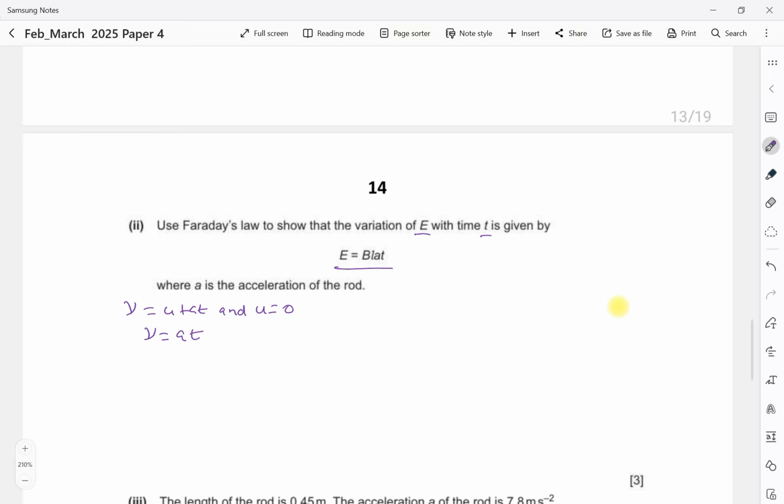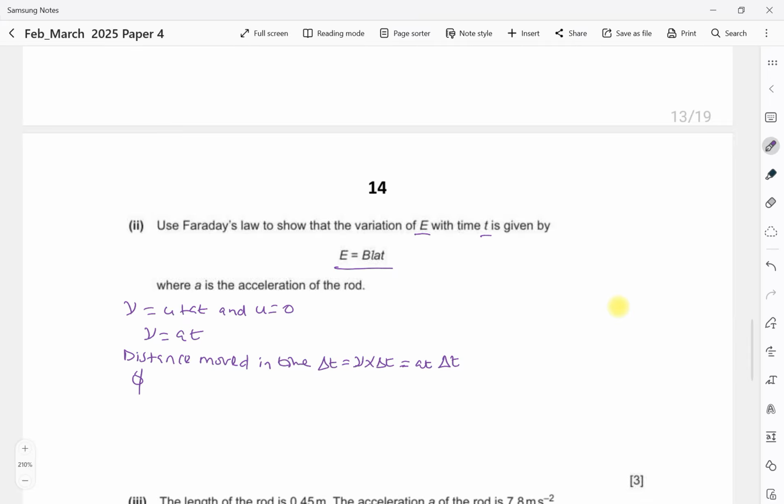And the distance moved in time, which I'm going to call delta t, is of course going to be the speed v times the time delta t, which is at times delta t.